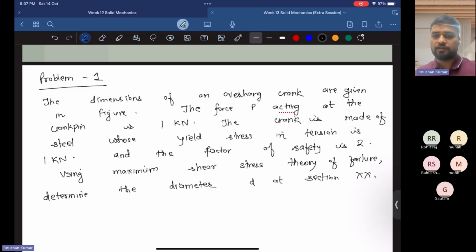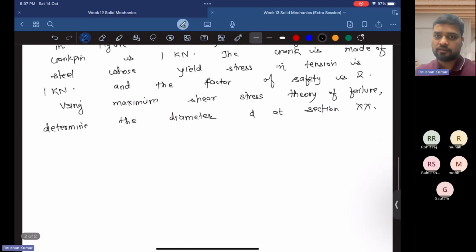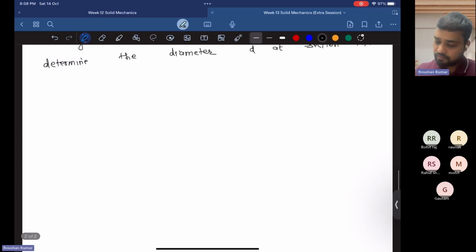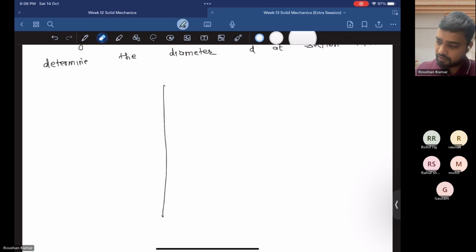So let me first draw the figure, then I will explain the question. So the figure is, there is a crank.